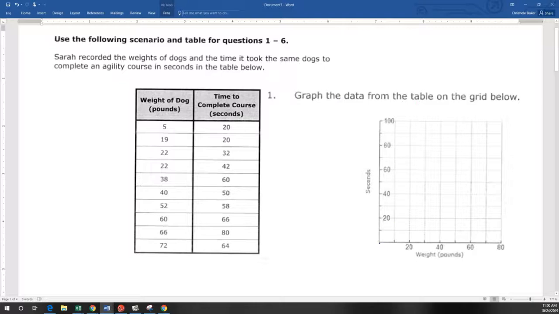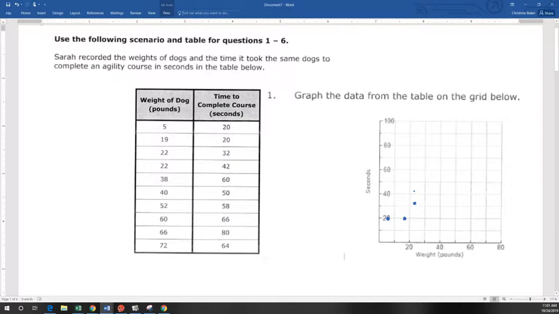So my 5-pound dog is 20 seconds. My 19-pound dog is also 20 seconds. My 22-pound dog is 32.